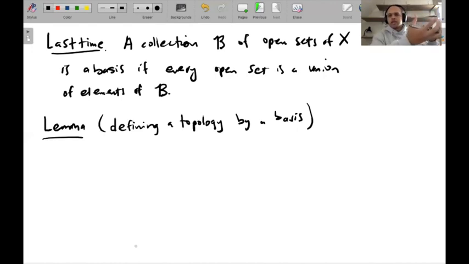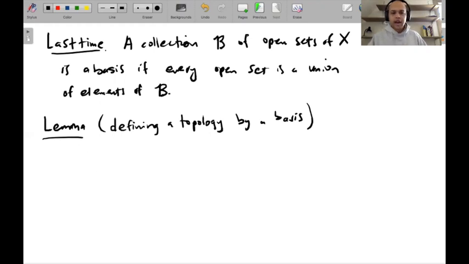You start with a topological space, and then you say a collection of open sets is a basis if you can write every open set as a union. But you can go in a different direction, where you start with a collection of subsets that you want to be a basis for some topology, and then you define a topology where that's a basis. And this lemma says that you can do that in certain situations.